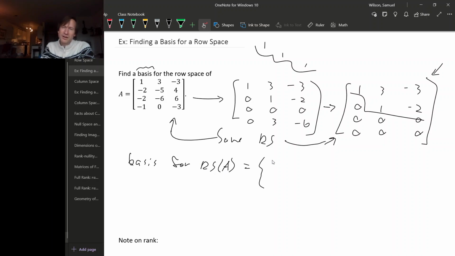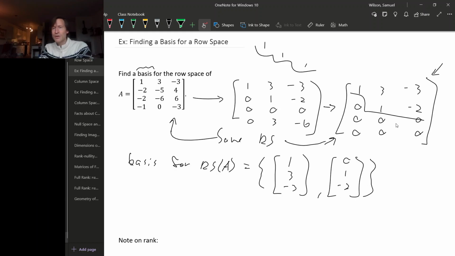Even though they are coming from rows, I'm still going to write them as columns. Just the non-zero rows: 1, 3, -3, and 0, 1, -2. Of course, I stopped at this row echelon form. We could go all the way to reduced row echelon form. That would give us a different basis, but it still would be just as good a basis as the one we found.